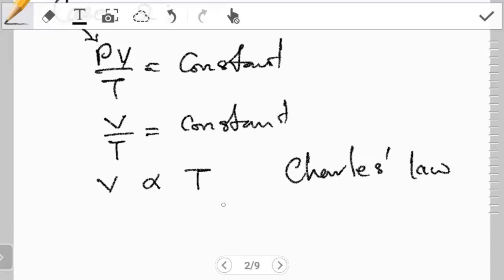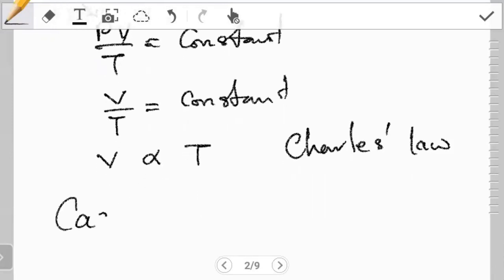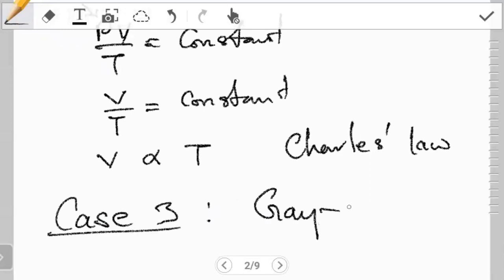Well, firstly, we're saying pressure is maintained constant. And apart from just being constant, the gas is of fixed mass, meaning the number of moles is not changing. Now, this, of course, is what gives rise to Charles' law. And the last case, case 3, is going to give rise to what we call Gay-Lussac's law.